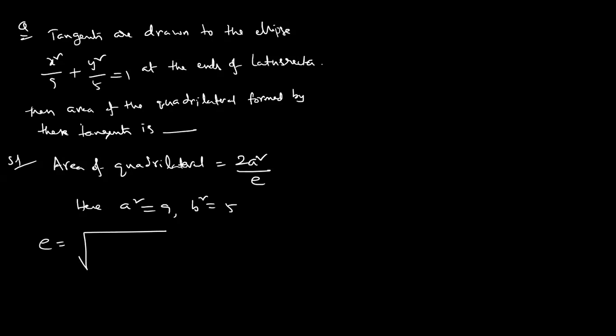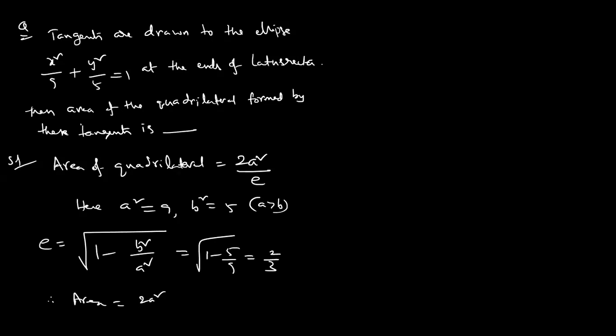Clearly, a is greater than b. Eccentricity is 2/3. Therefore the required area is 2 into a², which is 9, divided by 2/3. So the answer is 27 square units.